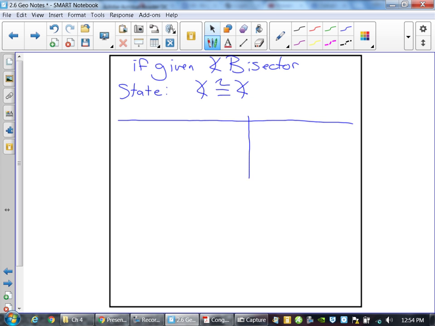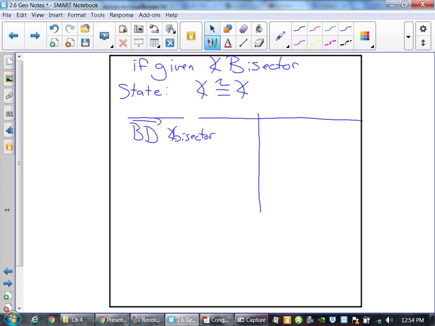Let's say that we have ray BD is the angle bisector of angle ABC.